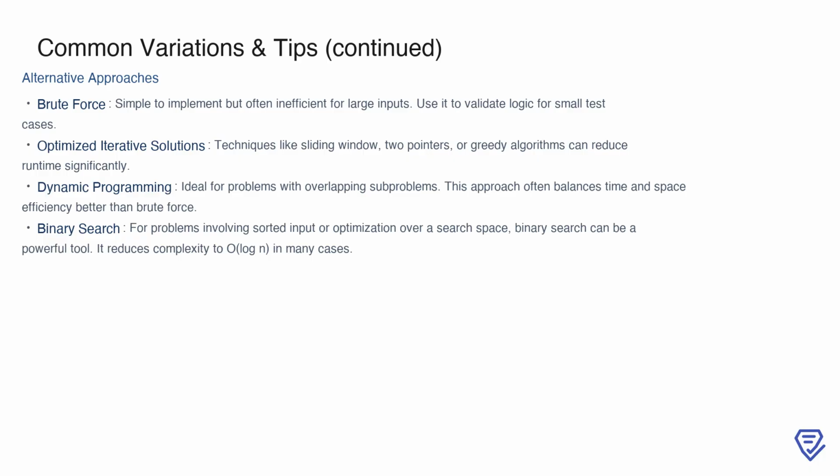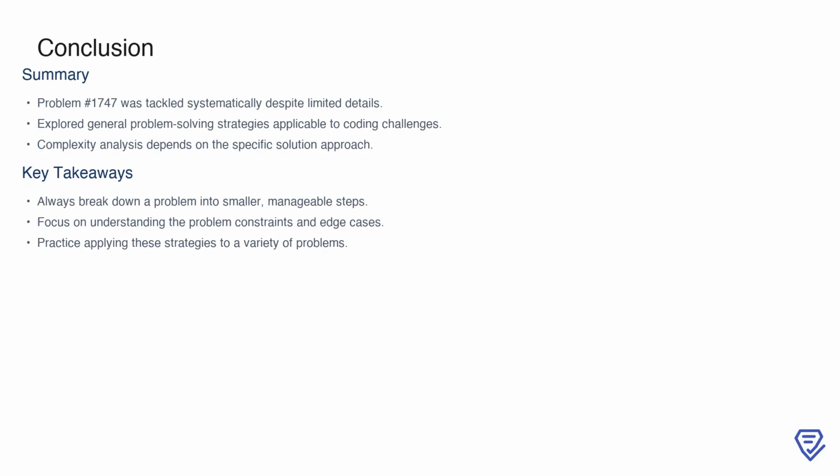For more complex challenges, dynamic programming is a powerful method. It's particularly useful for problems with overlapping subproblems, and it often achieves a good balance between time and space efficiency. Finally, binary search is a key strategy for problems involving sorted input or optimization over a search space. By reducing the complexity to O(log n) in many cases, it's an essential technique to master for efficient problem solving.